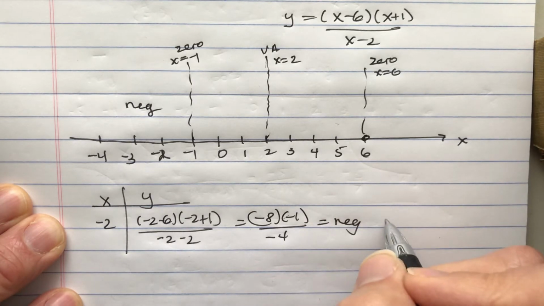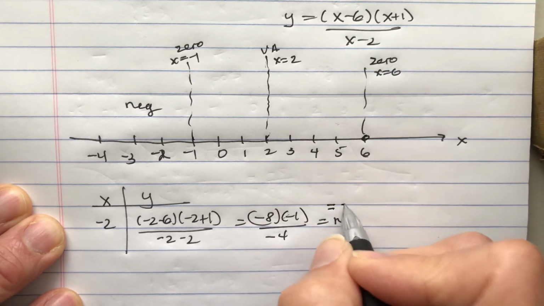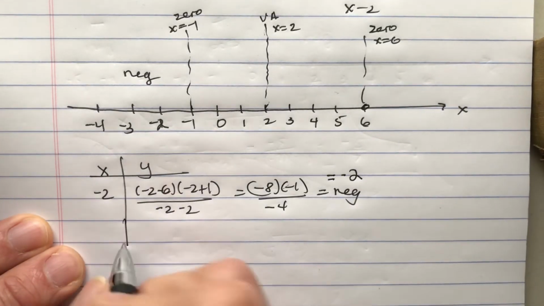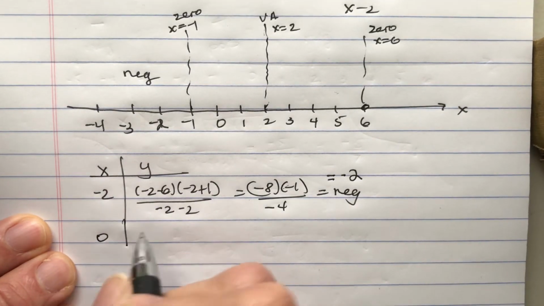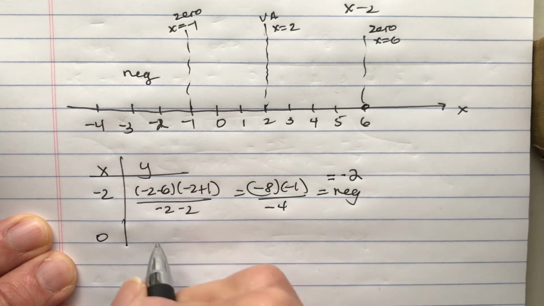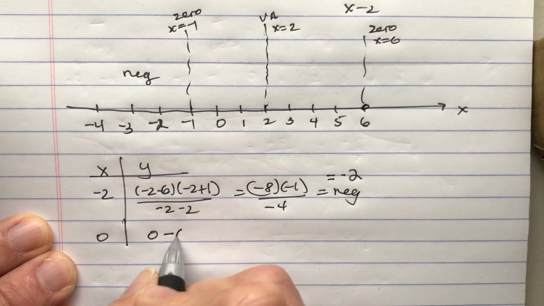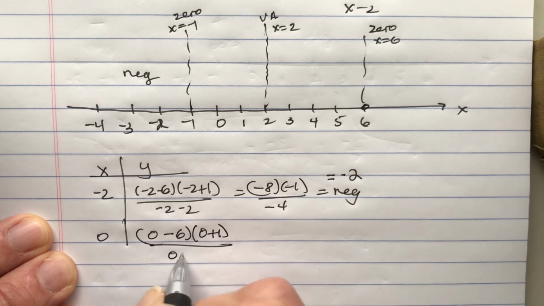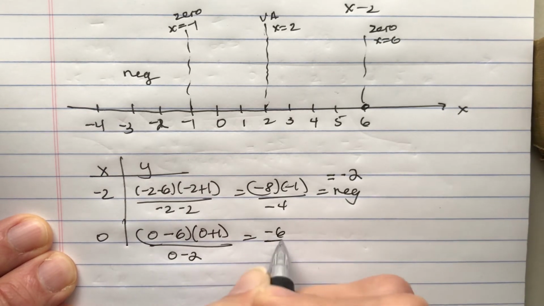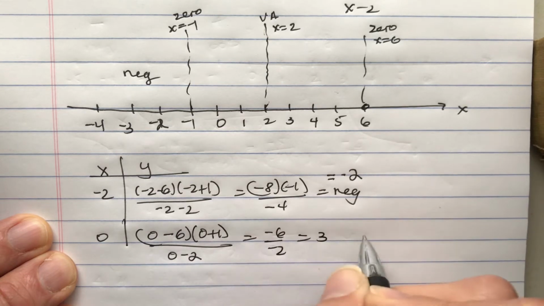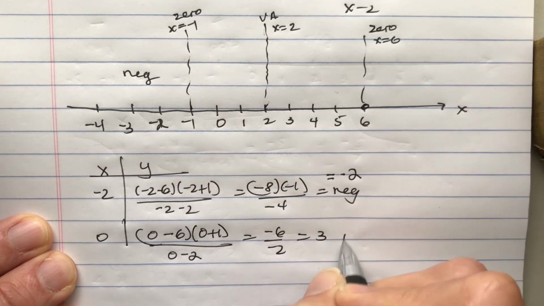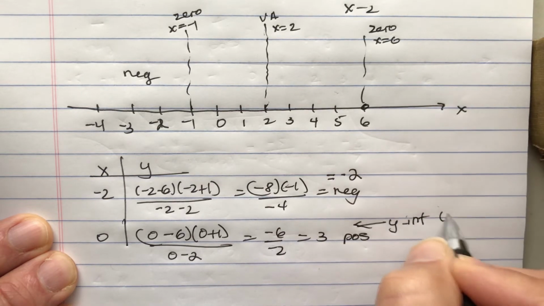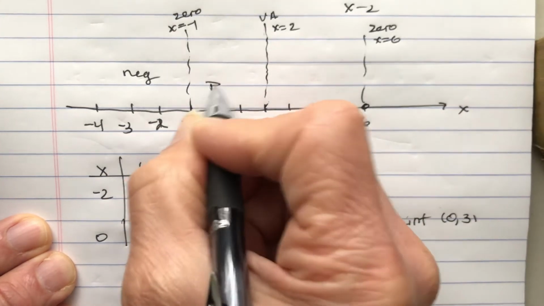That makes negative 2. It's good to plot points. Here I put in 0 and I get the y-intercept. So the y-intercept is positive, 0, 3, so that's a good one to know also.